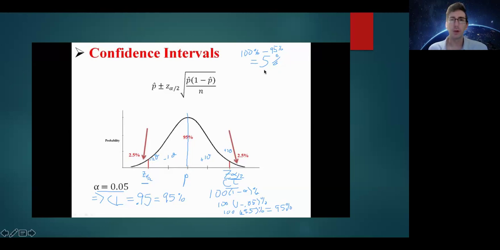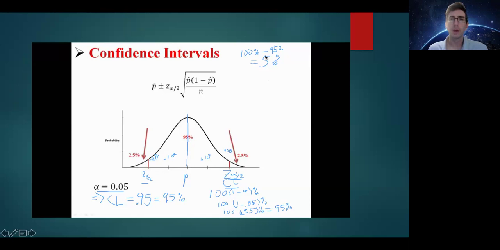We have to divide our alpha, our total area left under the curve outside of our interval, by 2 because it's again an interval. So there's going to be area left above and below, right? So if we have 95% inside, we don't have 5% below and 5% above, that would be 105%. That's more than the total area under our curve.